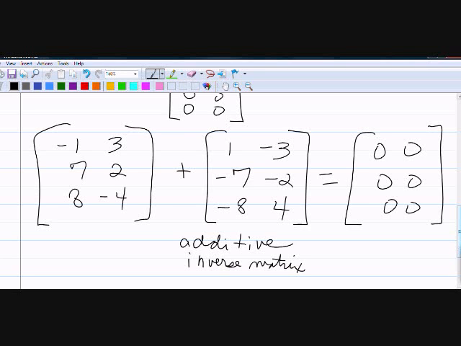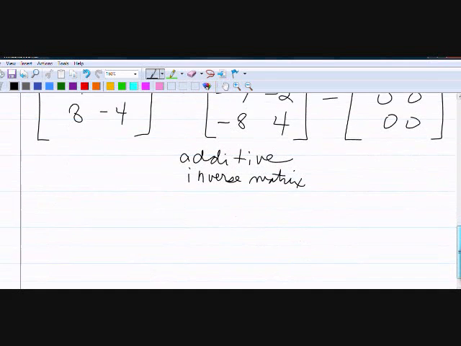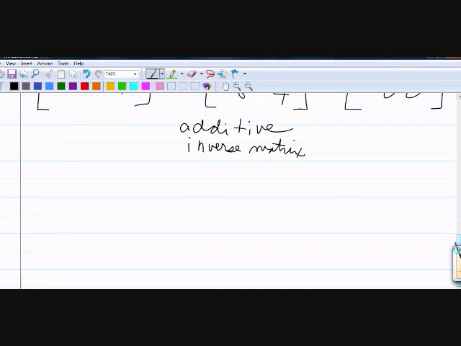So then let's do some kind of simple equation solving. So we'll do matrix equation solving.